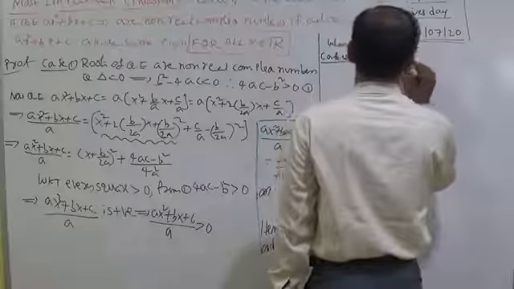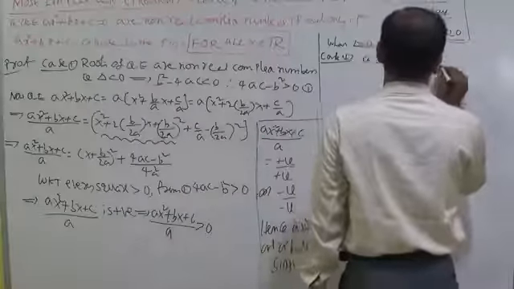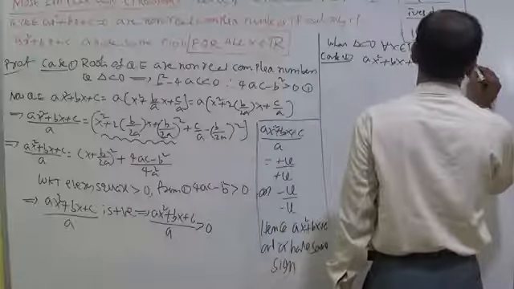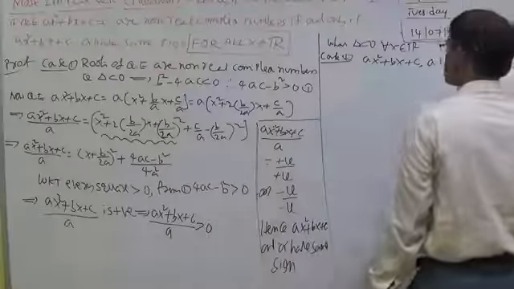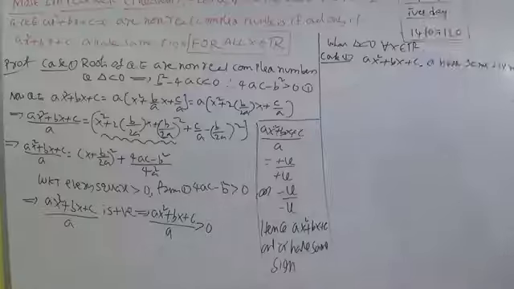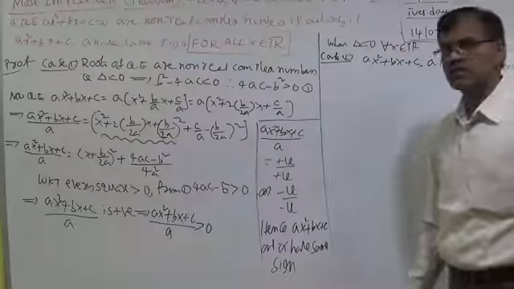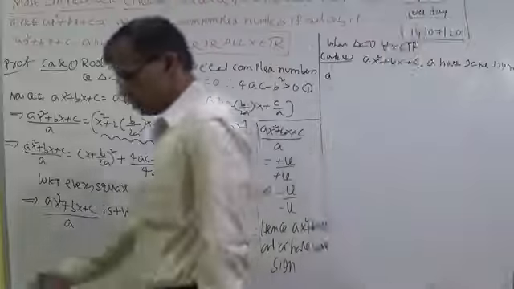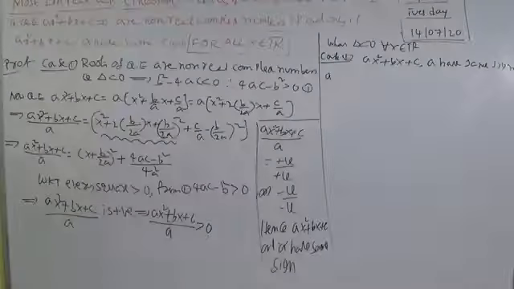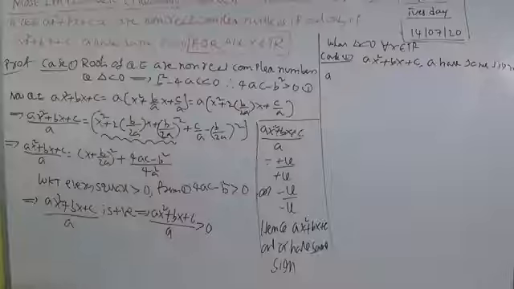Suppose ax square plus bx plus c comma a have the same sign. Now we have to prove that delta less than 0, that too for all x belongs to R.